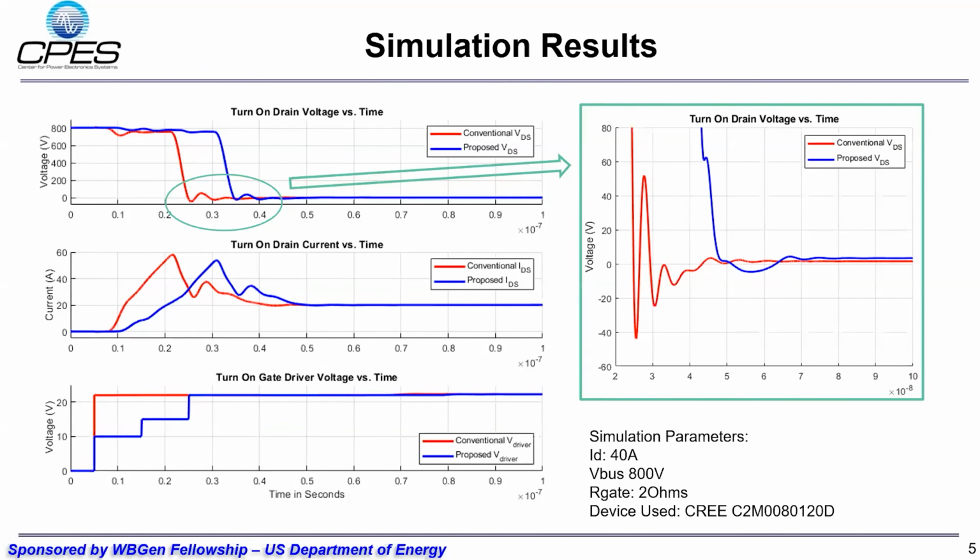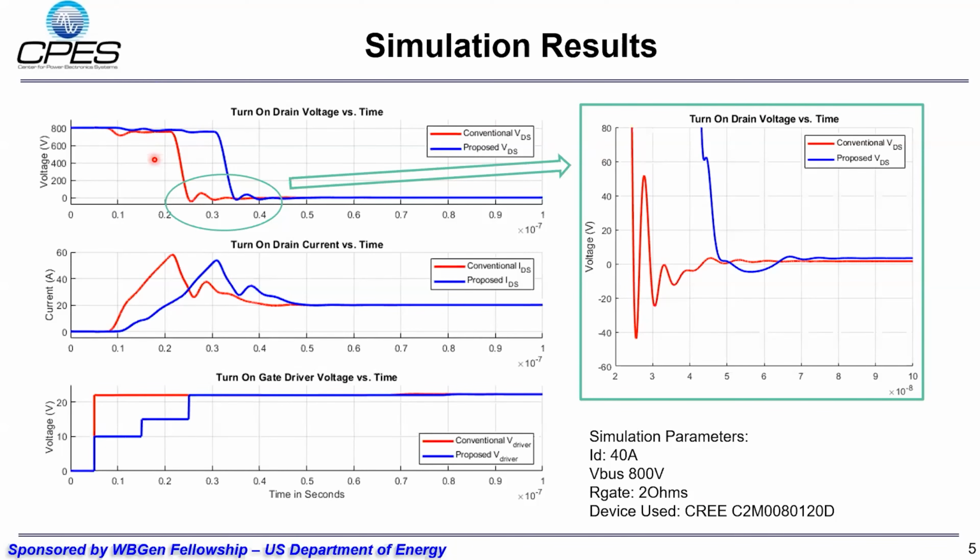Looking at the simulation results when comparing the conventional versus the proposed driver, this simulation was conducted using a drain current of 40 amps, a bus voltage of 800 volts, a gate resistance of 2 ohms, and a Cree silicon carbide MOSFET.